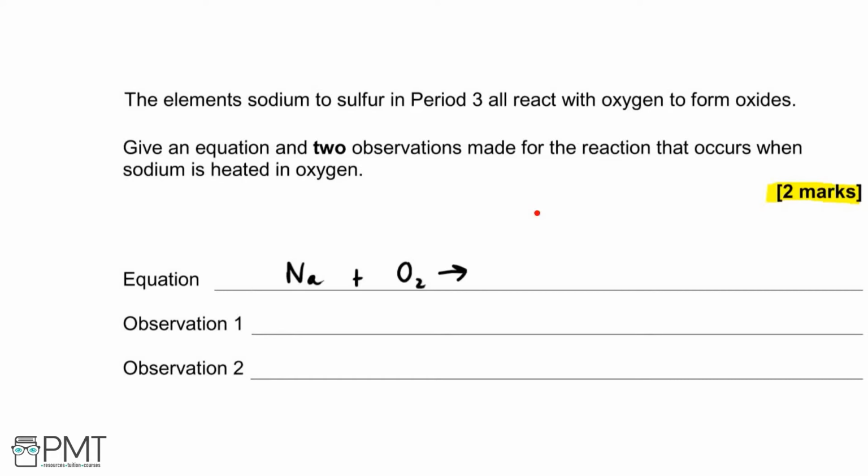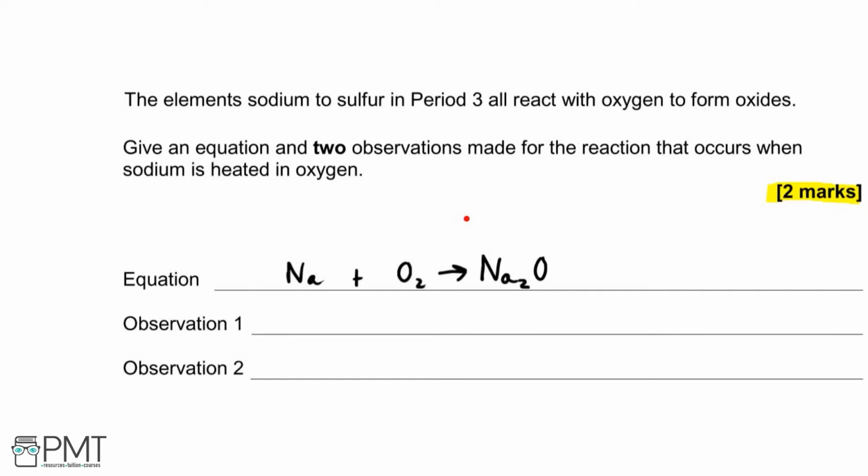Sodium will take an ionization state of +1, whereas oxygen will be -2. So we're going to see Na2O for our formula for sodium oxide, as that will give us a nice neutral compound.